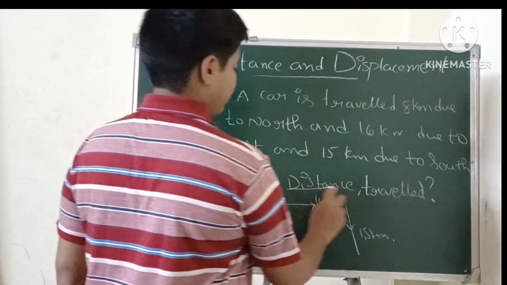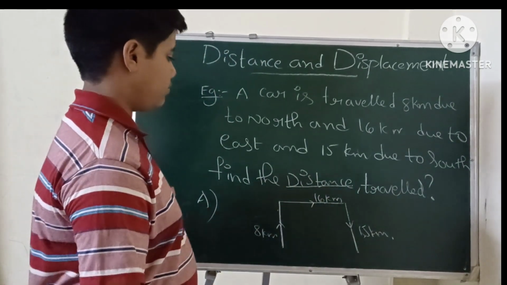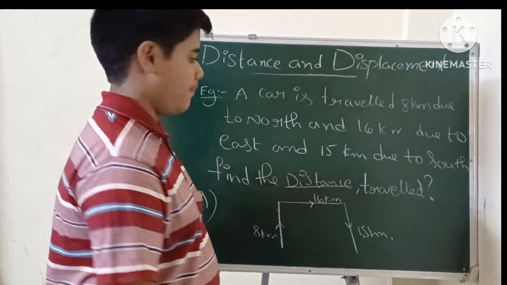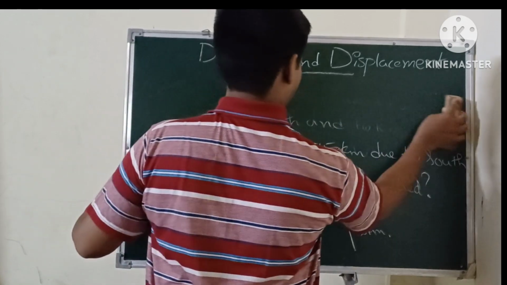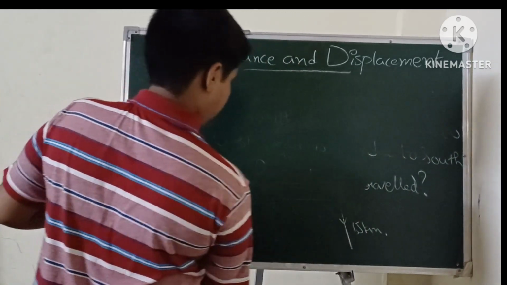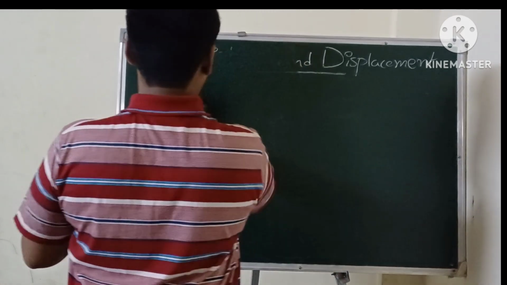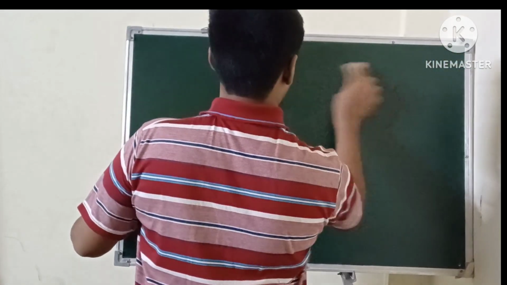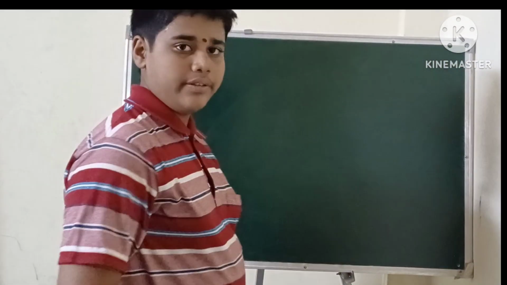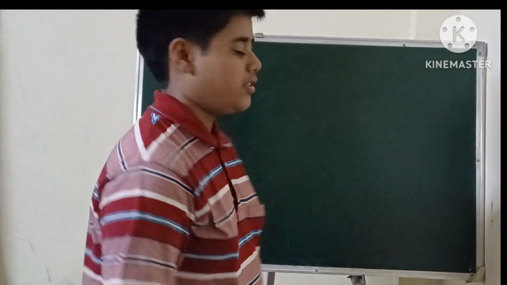So the distance is 39 kilometers. Distance means length of the path which you have traveled, that is called distance.